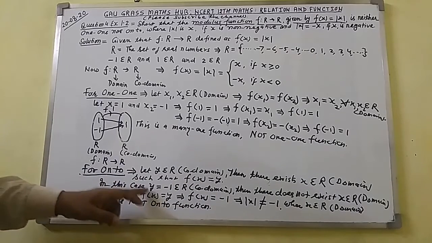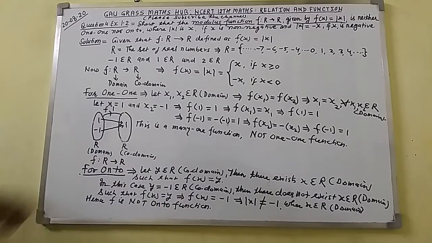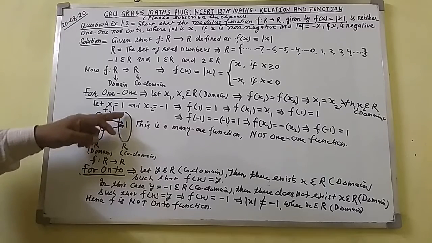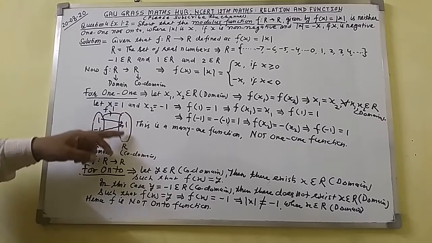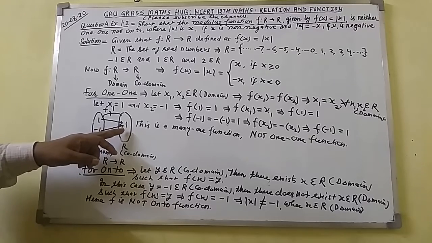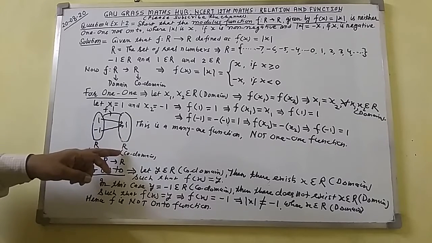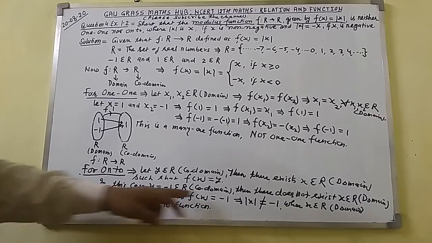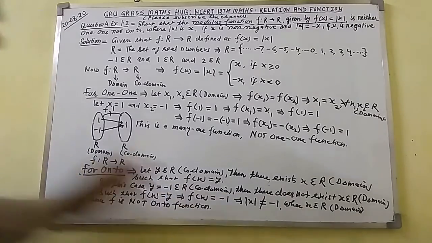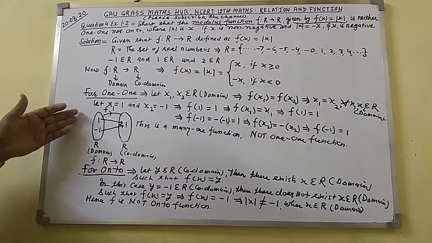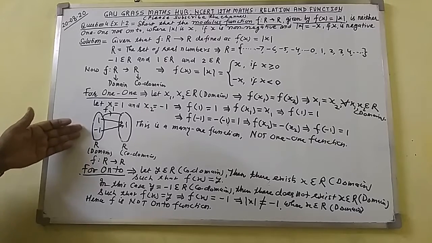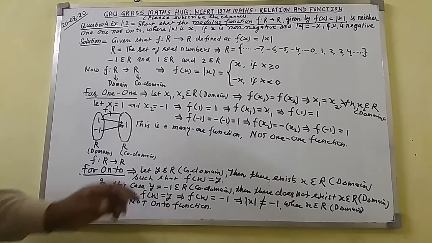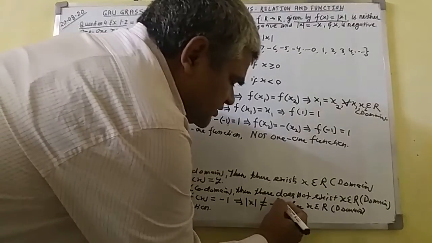In this case, put y equal to minus 1. If y equal to minus 1 belongs to capital R codomain, then there does not exist x belonging to capital R domain such that f of x equal to y.